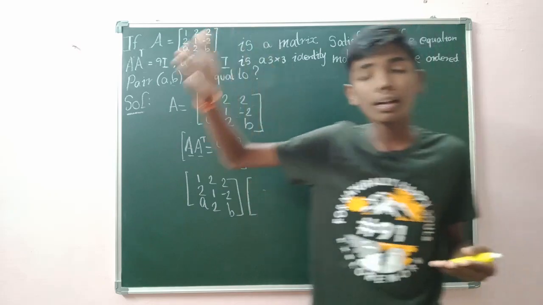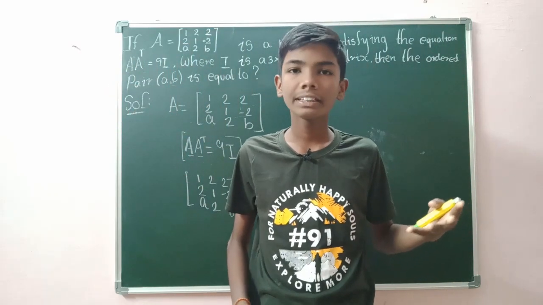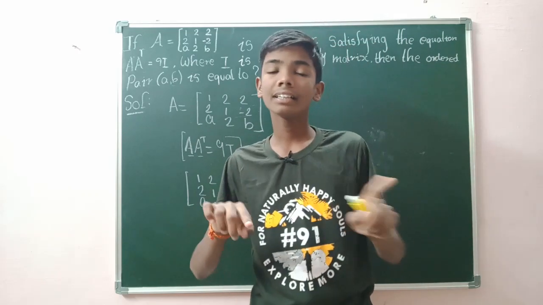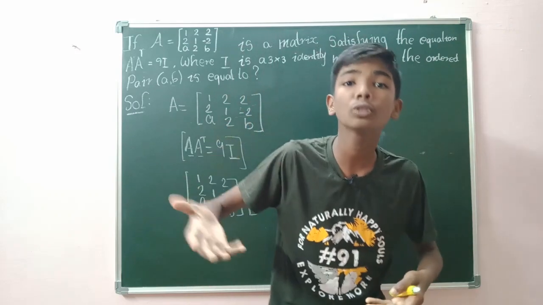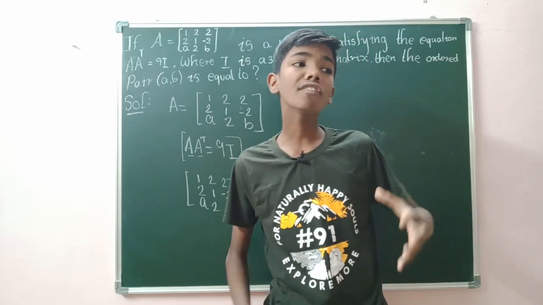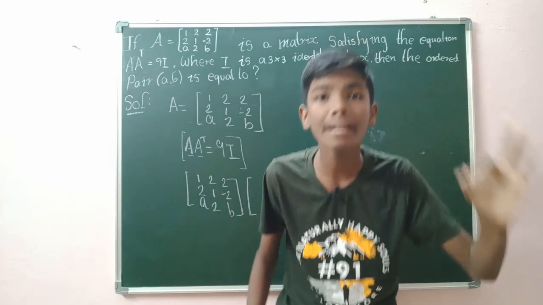But in other terms also we can define A transpose. For example, if you have any matrix A equal to the bracket a_ij of order M cross N, we define the transpose as a_ji. That is in terms of another form, for the people who are very strong in matrices and determinants.